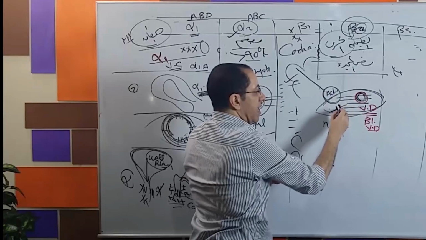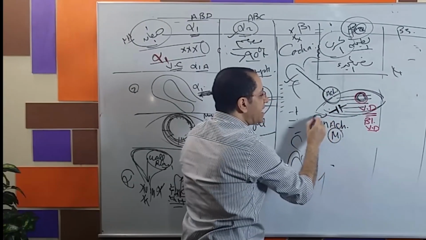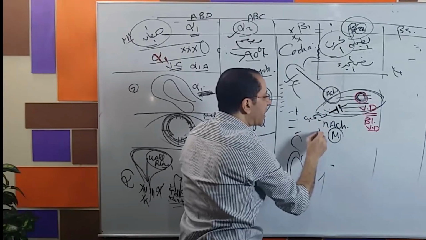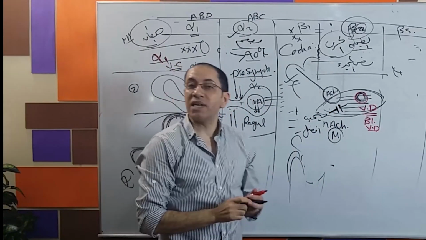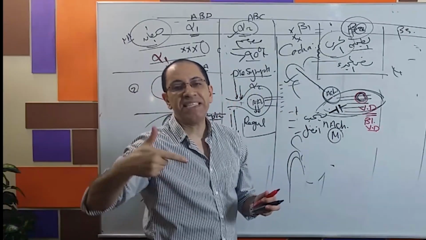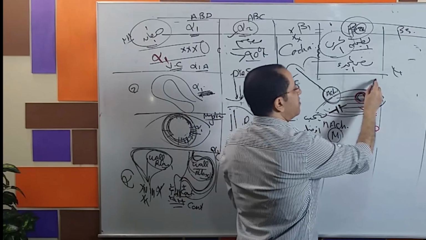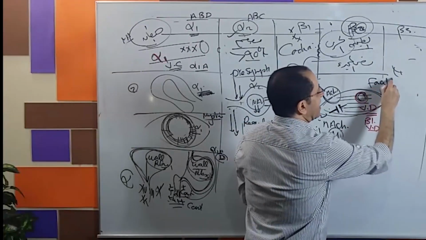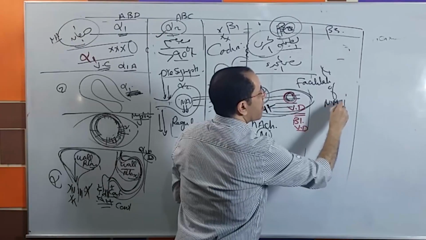Beta-2 makes this receptor called nicotinic acetylcholine receptor become more sensitive to acetylcholine. Why do we need it to be more sensitive? So we can run quickly, so we can depend on our muscles. This is the term that you read and wonder about its meaning. This is called facilitation of the neuromuscular transmission.